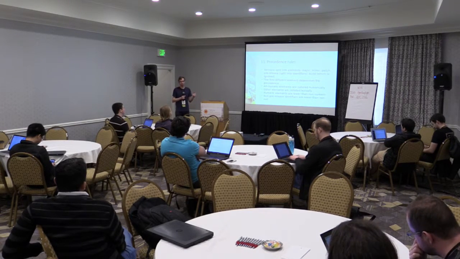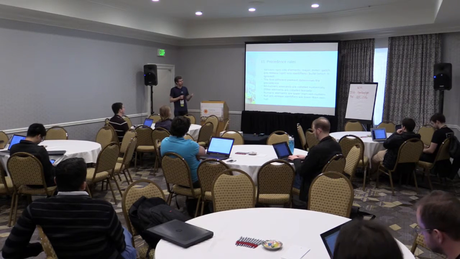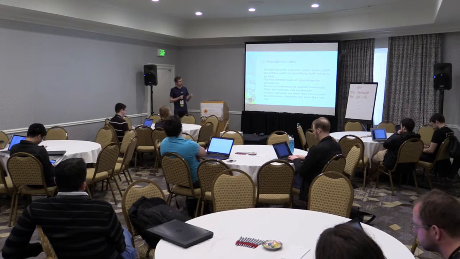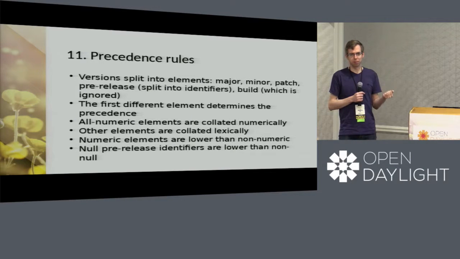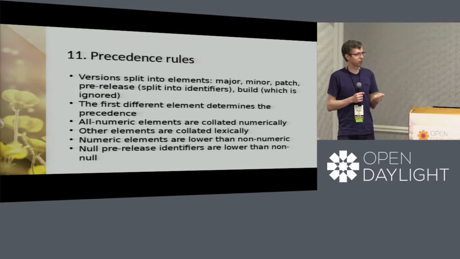They might have pre-release stuff, they might have build stuff. The first different element determines the precedence, and you compare the major, minor, patch components numerically always. Pre-release, it might be numeric. If so, you compare it numerically. Otherwise, it's ASCII-betically.